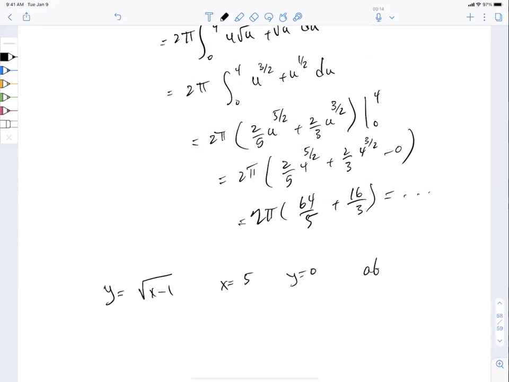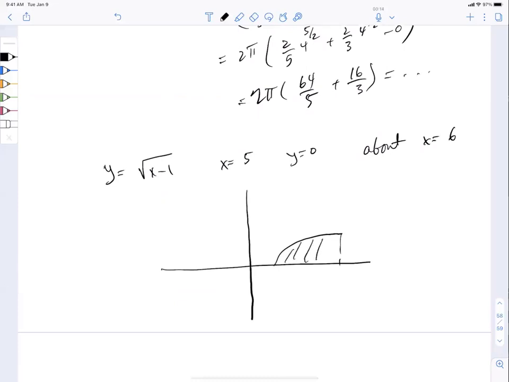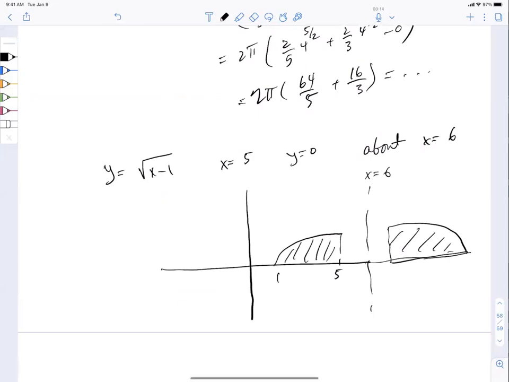But let's say you rotate it about x equal to 6, for example, just for fun. So now your shape looks like this still. And 6 is this.